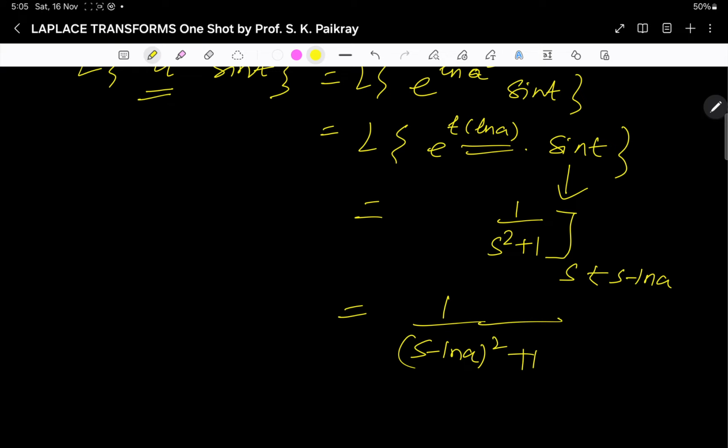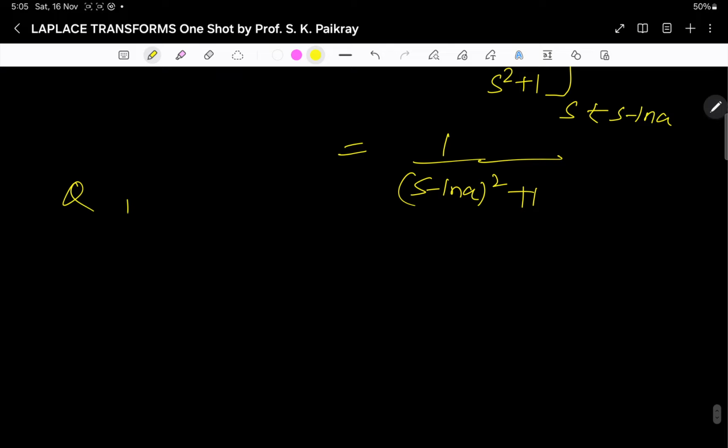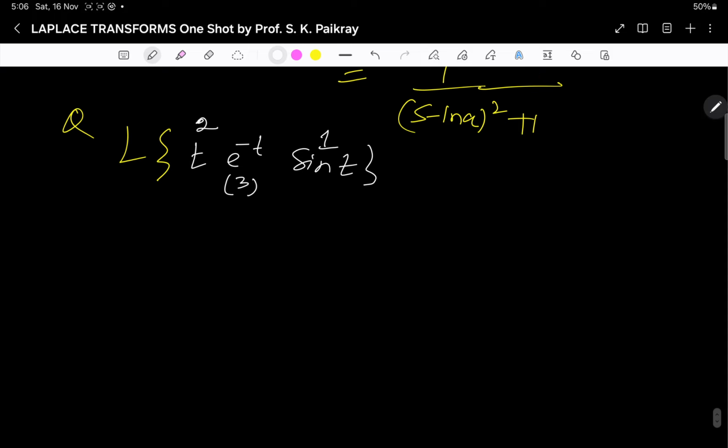Okay, so coming to one more important example. Suppose one example is, what is L of t e to the power minus t sin t. Then what to do? For sin t we have to work on this first, then for t sin t we work on this, and thirdly we apply the shifting. We keep shifting for last.